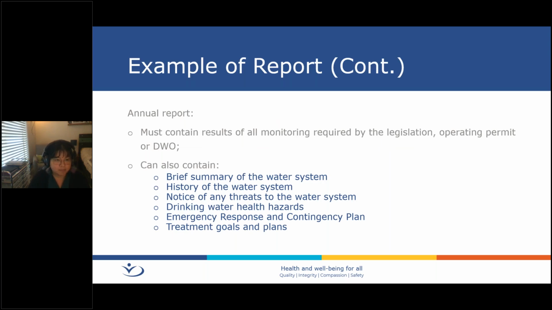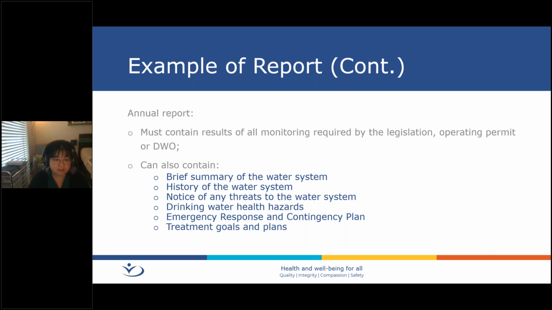And then the annual report must contain results of all monitoring required by the legislation, the conditions on the operating permit, or if it's something that the drinking water officer requires. It can also contain a brief summary of the water system, history of the water system, and notices, so public notification of any threats to the water system.